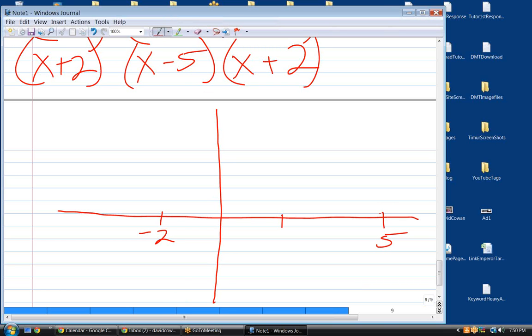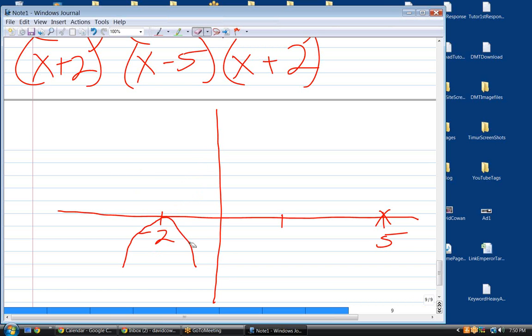So I know the function goes through the x-axis at 5 because the multiplicity is odd. And I know that it touches the x-axis here because multiplicity is even. In other words, it's going to do either this or this at that solution.